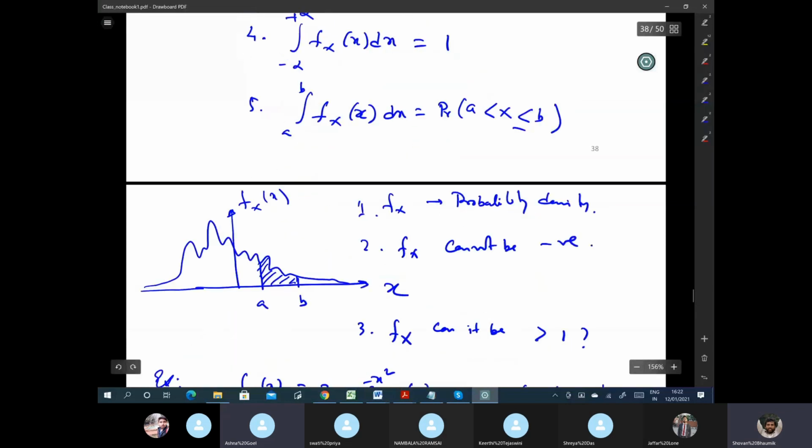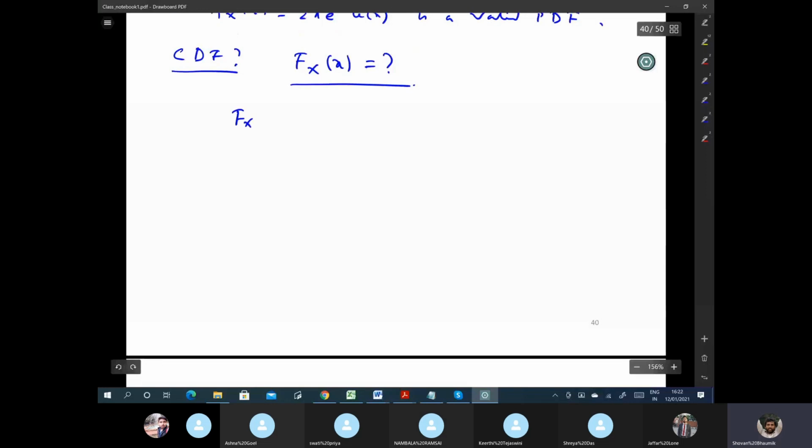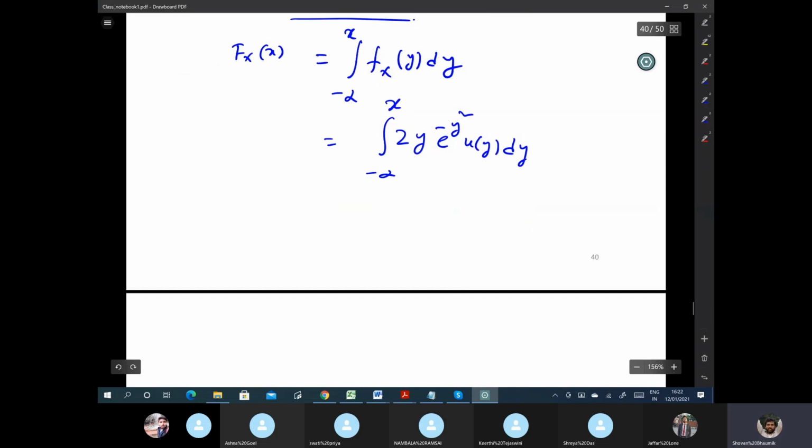Right. So if we do it, capital F of small x will be equal to the integral from minus infinity to small x of f of y dy, which is the integral from minus infinity to x of 2y e to the power minus y squared dy.